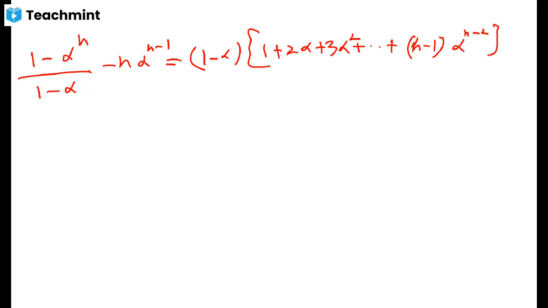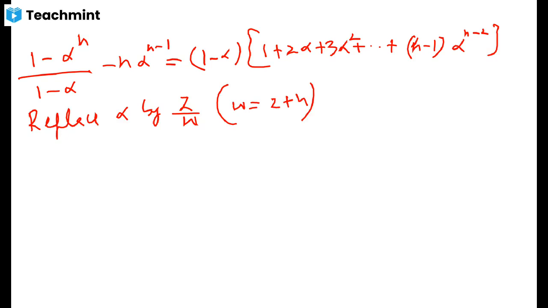So let me make certain change here. Replace alpha by z upon w. Think of w is equal to z plus h. This is what we need.